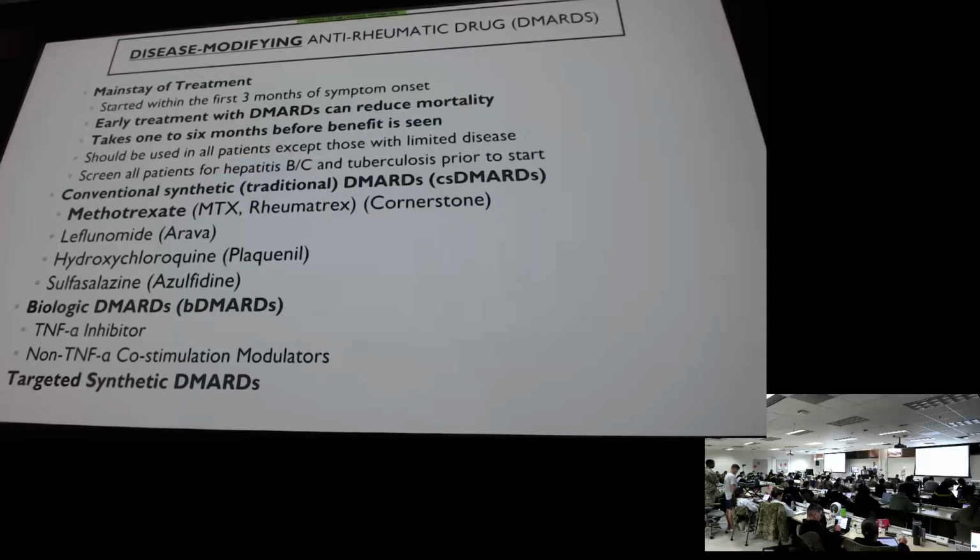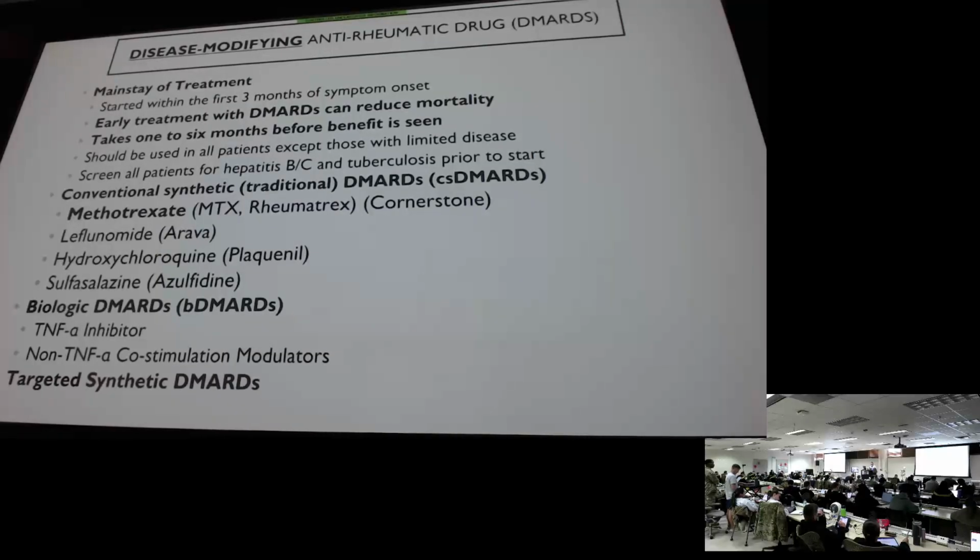You're not going to see a big change for at least a month or so, and then maybe up to 6 months. That's why we use those bridging therapies of the NSAIDs and the corticosteroids if needed to control the pain and inflammation until the DMARD kicks in. It should be used for every RA patient as a DMARD, unless it's very, very mild or limited disease.